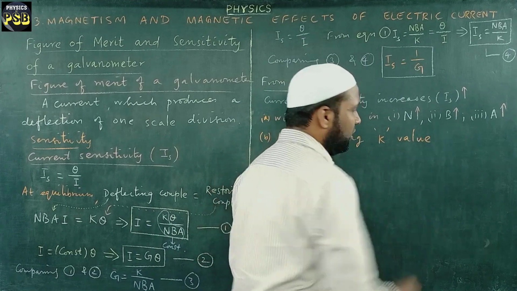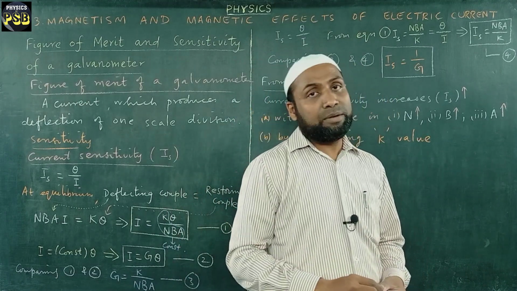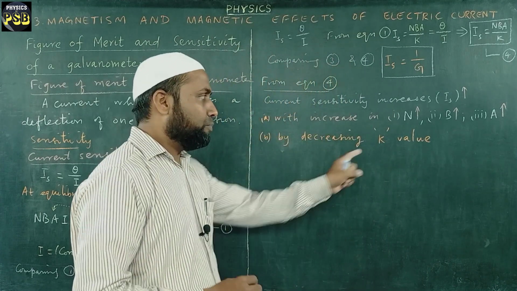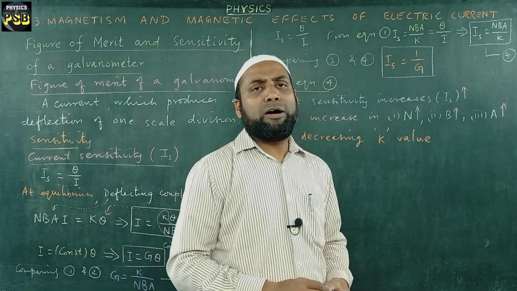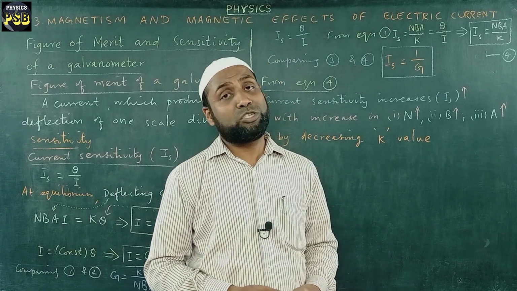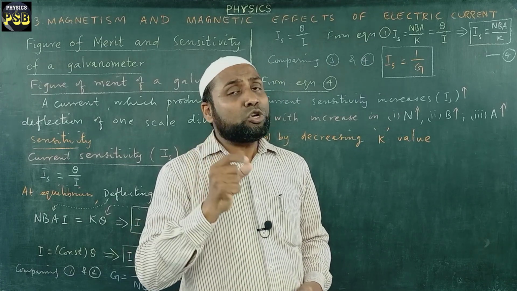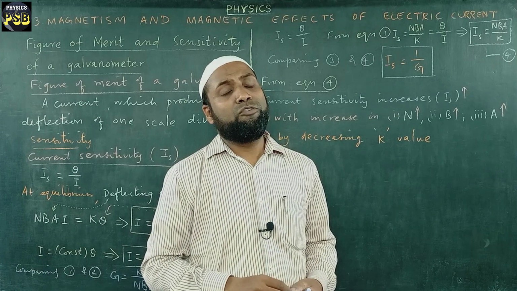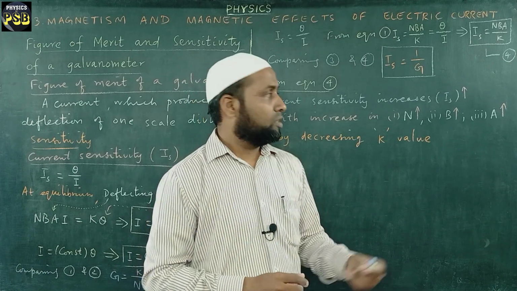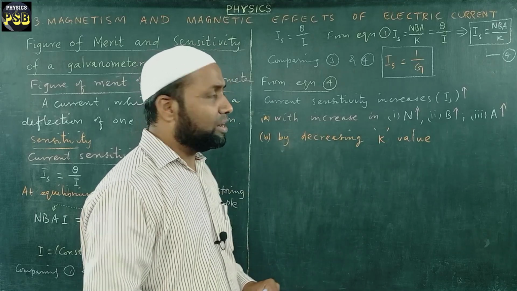Here K stands for restoring couple per unit twist. In the construction of a galvanometer, usually a phosphor bronze strip is used because the restoring couple per unit twist for phosphor bronze wire is very low. By using that, the current sensitivity of the galvanometer can be increased.